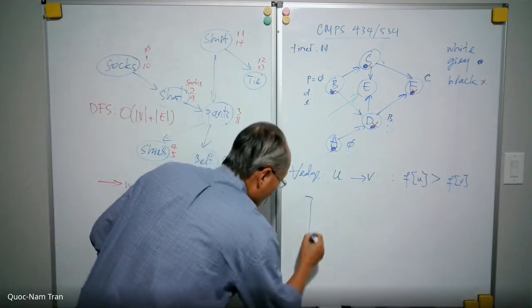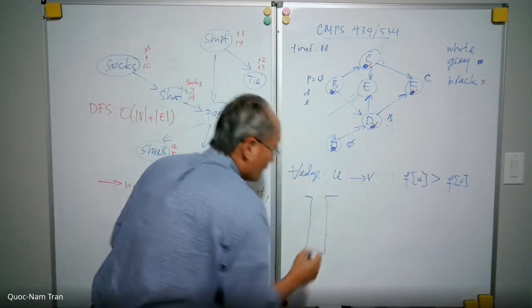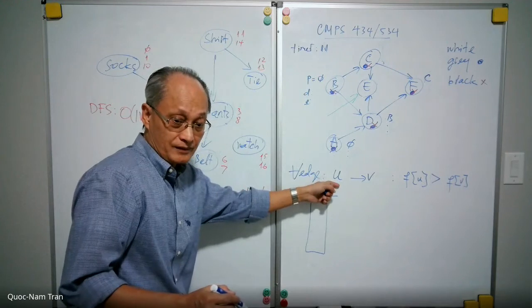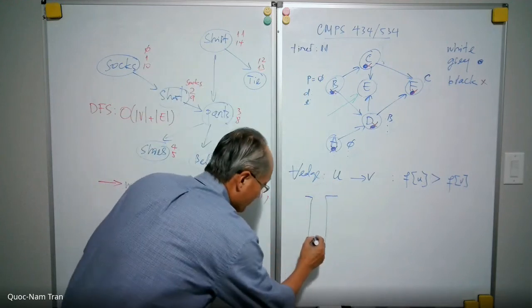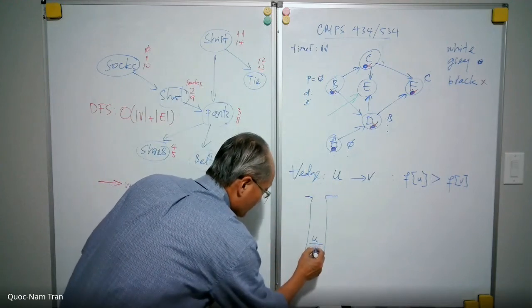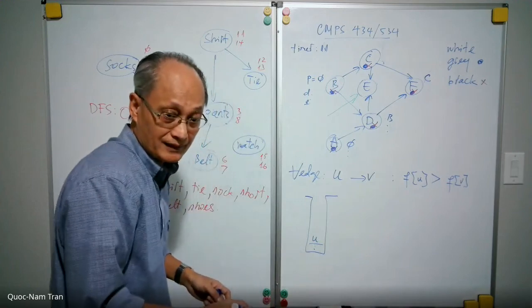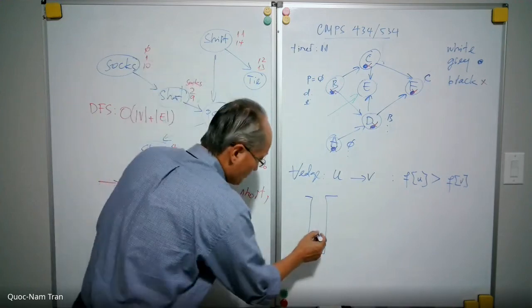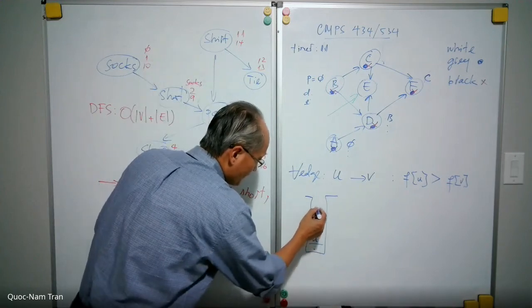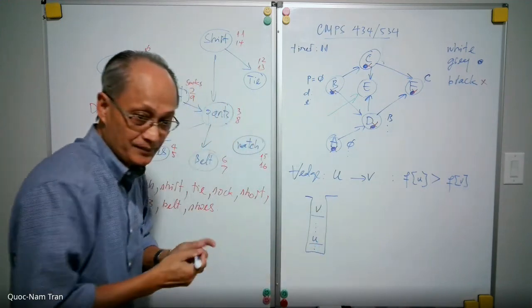Now, how can it happen? When you discover U somewhere, you may have something before that, and then after that you have V here.